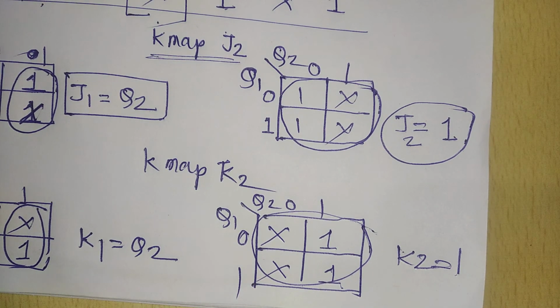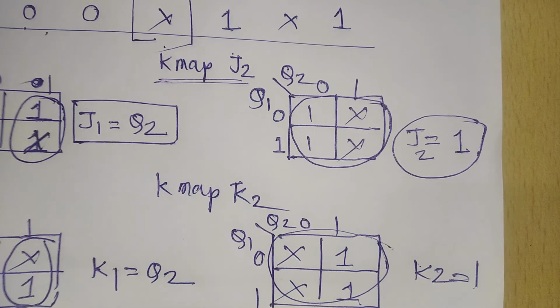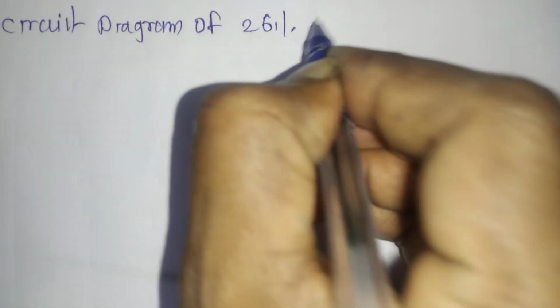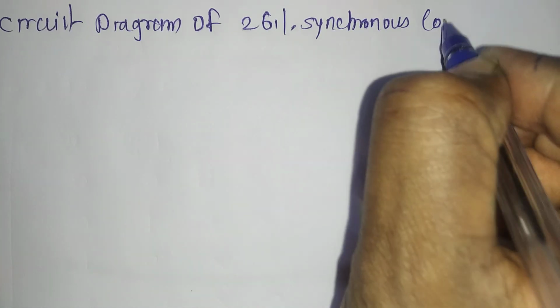Now after this, it is time to draw the circuit diagram. This is step number 5, the circuit diagram of the two-bit synchronous counter.